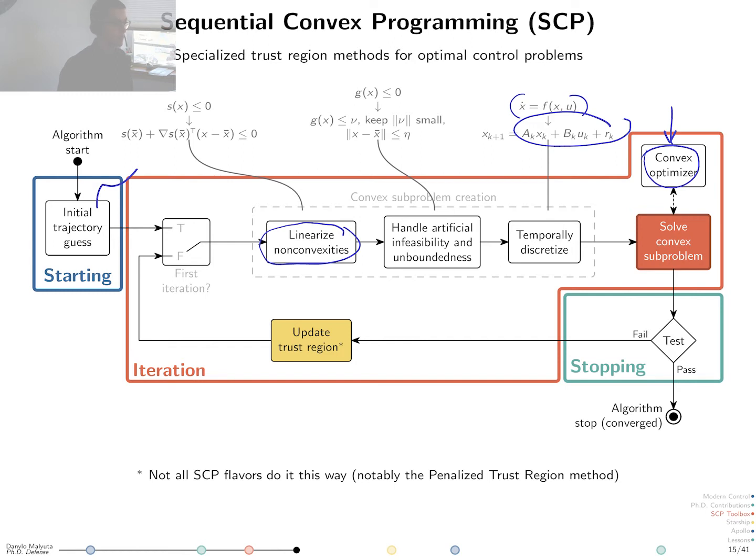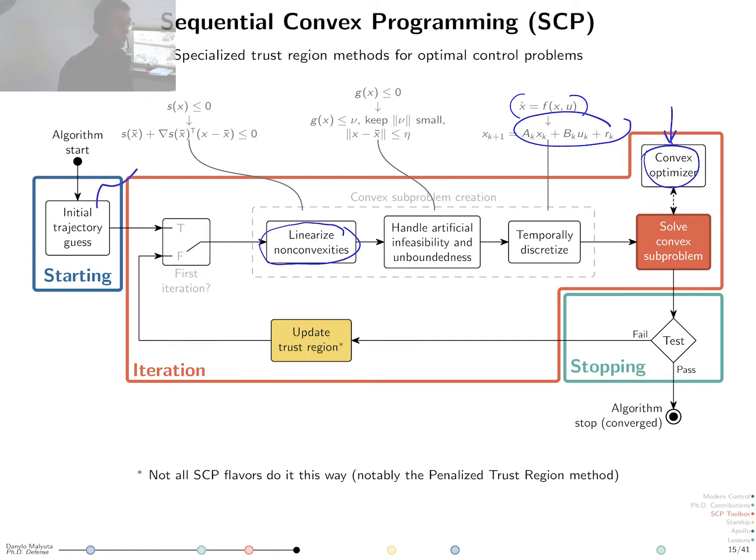So that means non-convex constraints get approximated by their first-order Taylor series. Then that linearization may actually introduce difficulties like infeasibility. So we introduce extra ingredients into the problem that we call virtual controls. They're essentially relaxation terms. And then you will also discretize the problem in time.